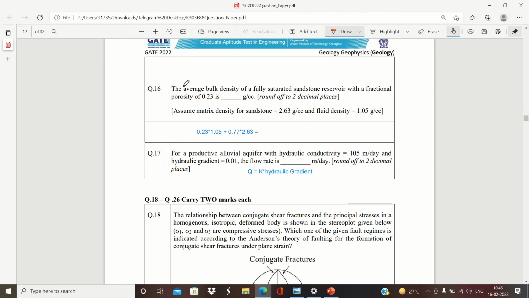Then there are numericals. The first numerical is, the average bulk density of a fully saturated sandstone reservoir with a fractional porosity of 0.23 is.